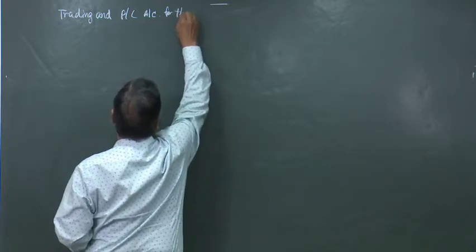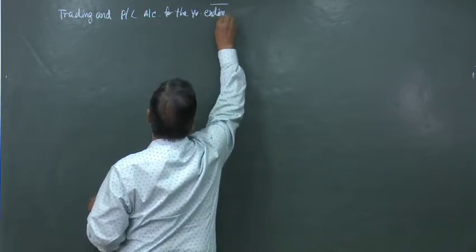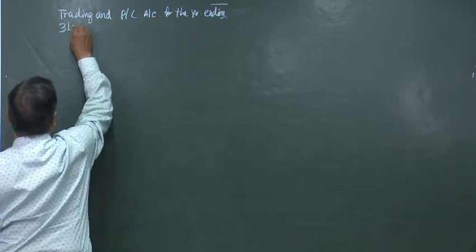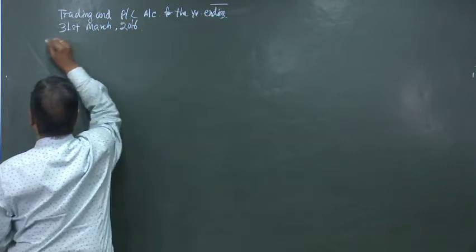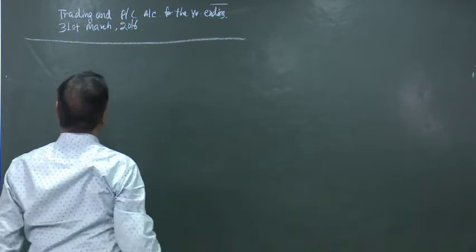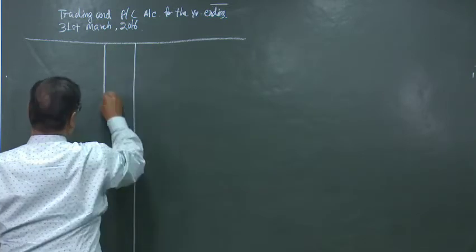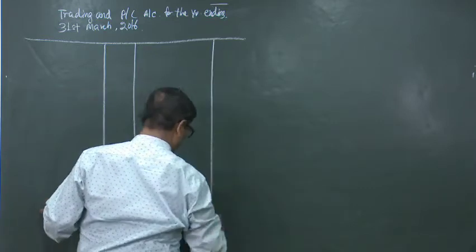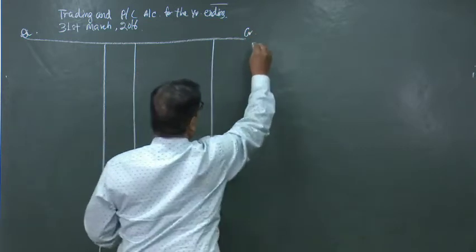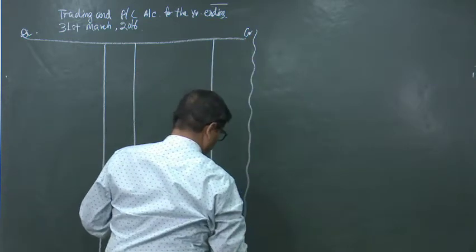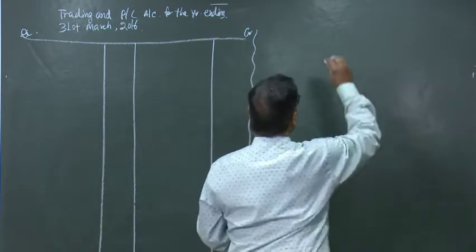For the year ending 31st March 2016. We will prepare the balance sheet at last, but before that we will prepare one profit and loss appropriation account.